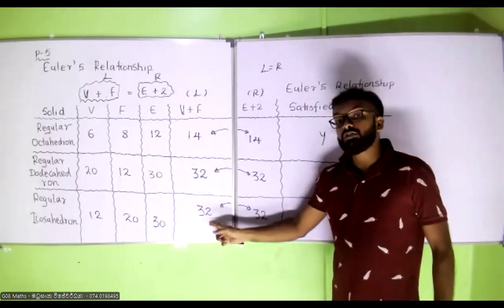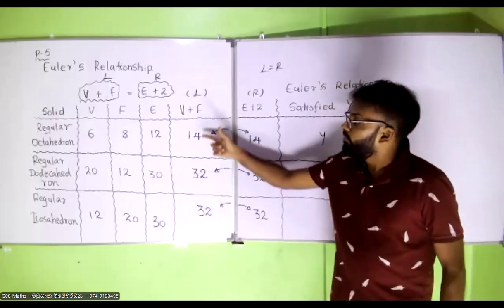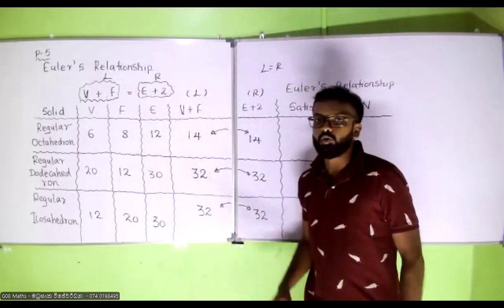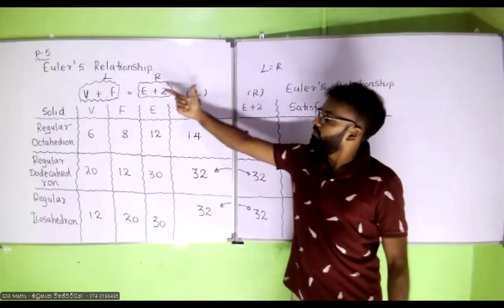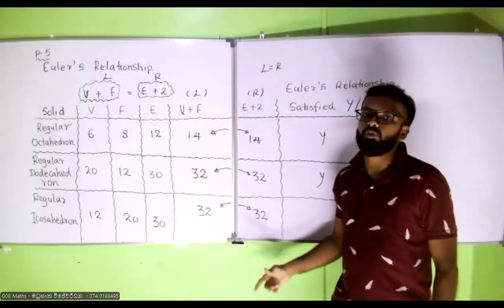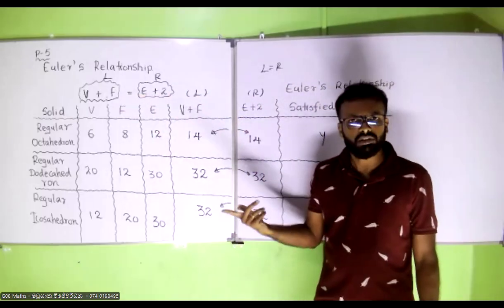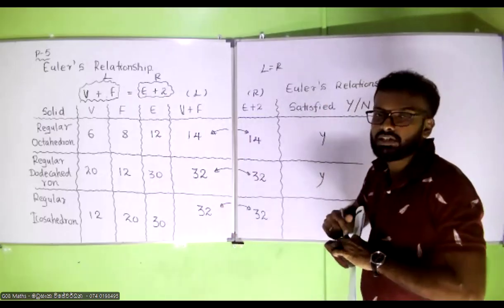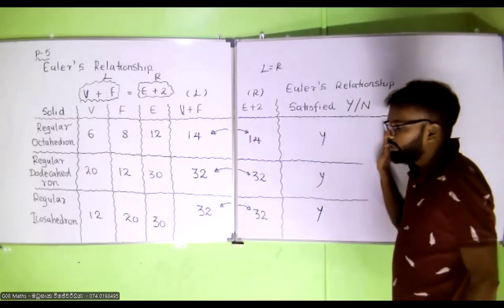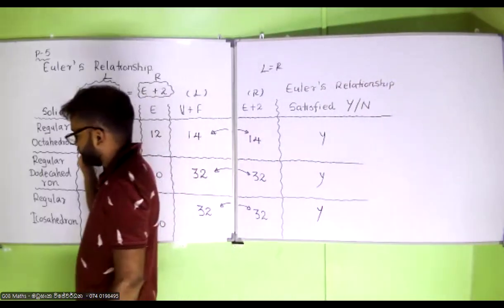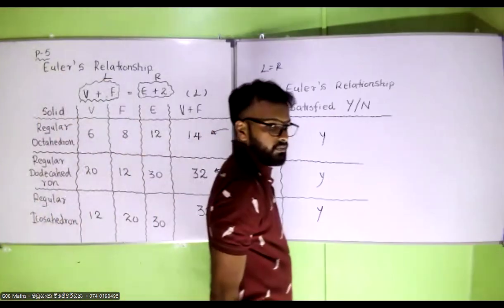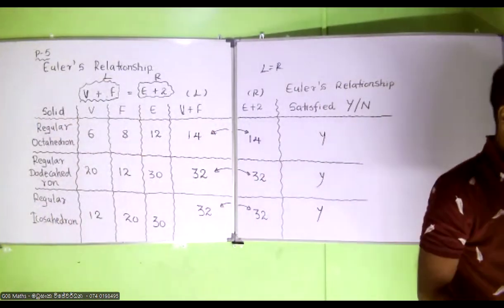And for regular icosahedron, the left hand side is 32 and the right hand side is 32. 32 equals 32, so Euler's relationship is satisfied. Yes. Now this is the complete table you need to know. Please write it.